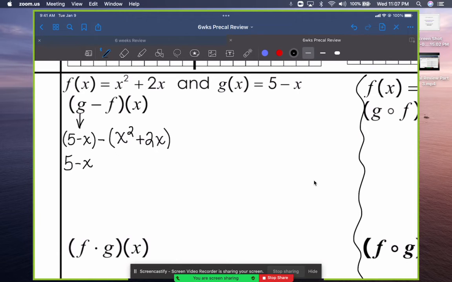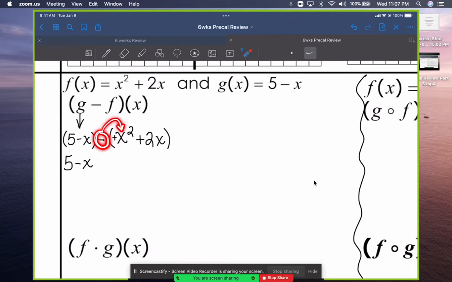Okay, but now I'm going to apply this negative. So here I have this negative, and each of these terms, the x squared and the 2x, are positive. So I'm going to go ahead and write a little positive right here so I can see the distribution that's occurring.